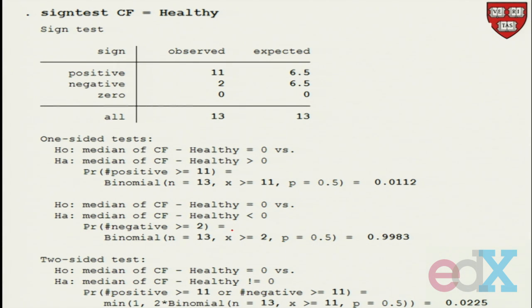And we see that the p-value is 0.0225. So we would reject the null hypothesis. Now, the sign test is not very powerful. It's not using very much information. All we're using is the signs and not the sizes of anything. But that's the sign test.